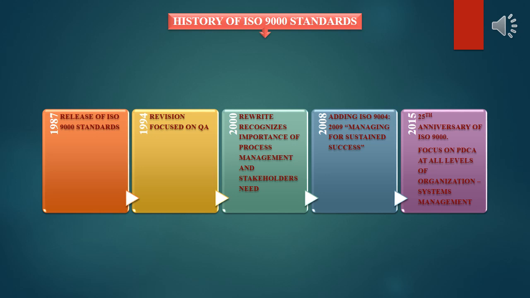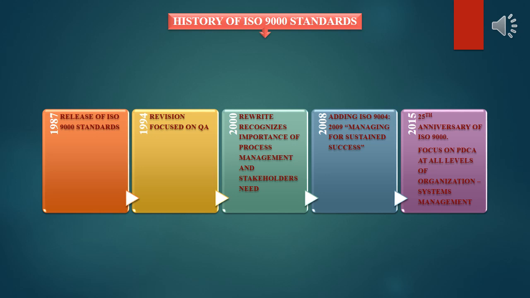Now let's see the history of ISO 9000 standards. How and when were ISO 9000 standards evolved? In 1987, the ISO 9000 set of standards was released. In 1994, the revision was focused on quality assurance, that is QA. In 2000, the rewrite of ISO 9000 standards recognized the importance of process management and stakeholders' needs.